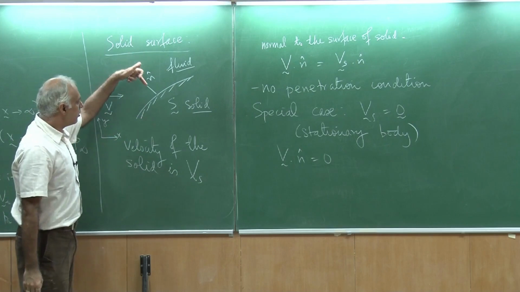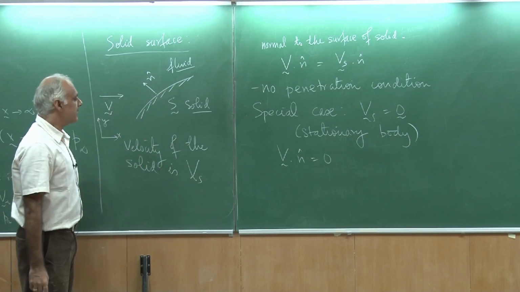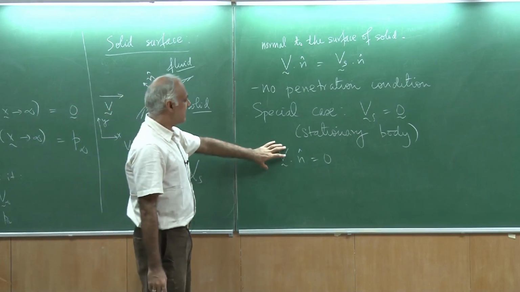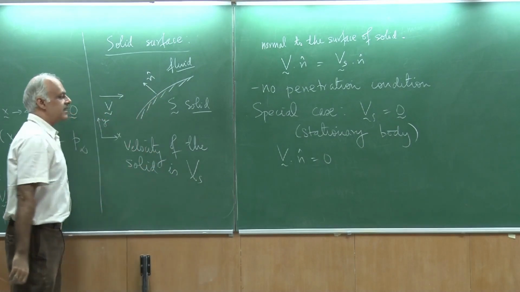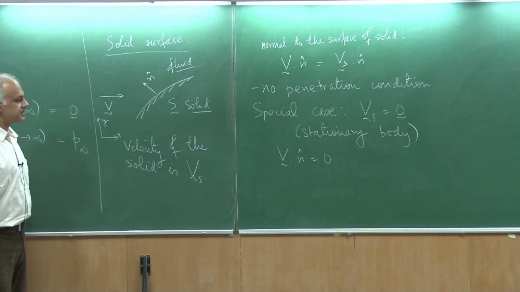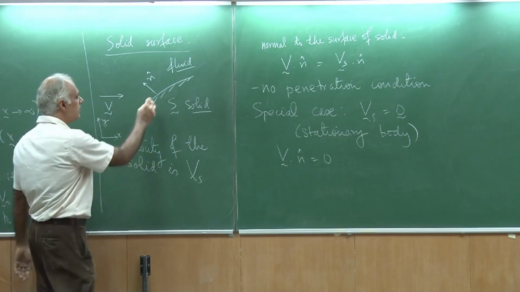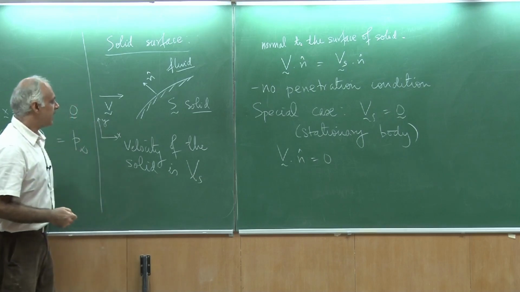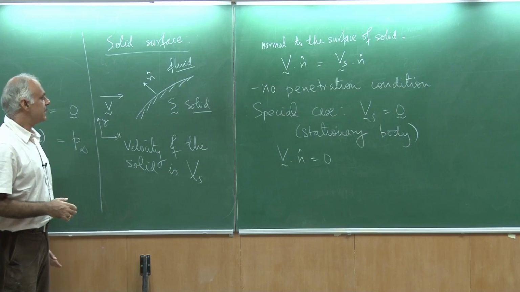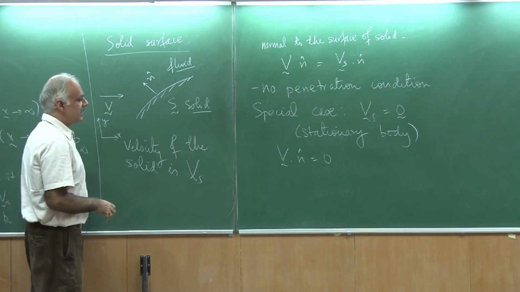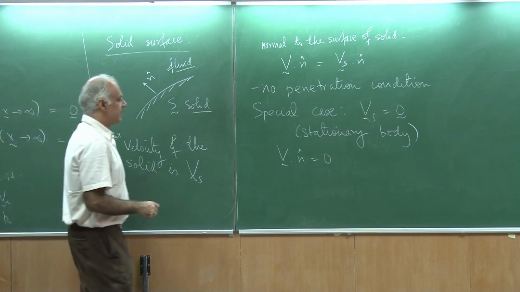One is a component normal to the solid body and the other is in the plane of the solid body. So the no penetration condition implies that I cannot have fluid going inside the body. Of course, one could have a very special case where I could have some holes here and then I could be trying to suck the flow in or blow it out, but those are special. If it is really a solid surface, then this is what the condition is. So, that is one.